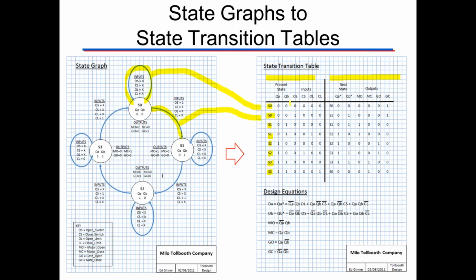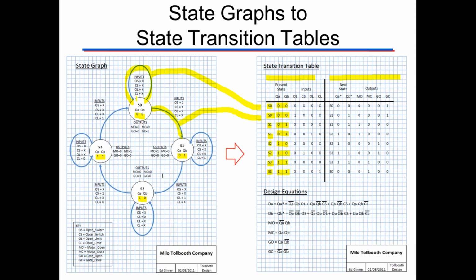So now if we look at QA and QB, it's just 0, 0, 0, 0. We drop down here to state 1, well, that's 0, 1. It follows the state numbering, or you can actually look over here. Here's all the QA and the QBs from each one of these. So we fill in state 2, 2 lines for that, 2 lines for state 3, and that finishes our rows for our input.